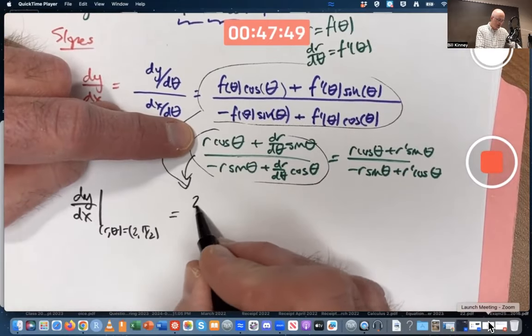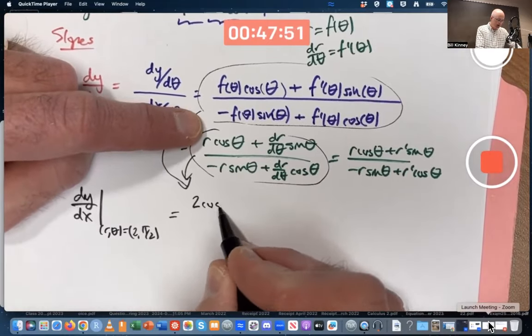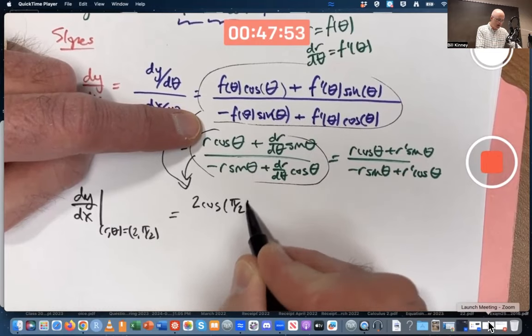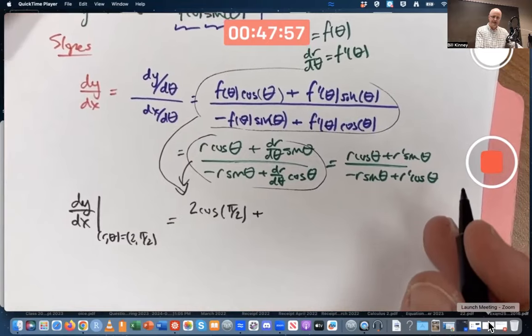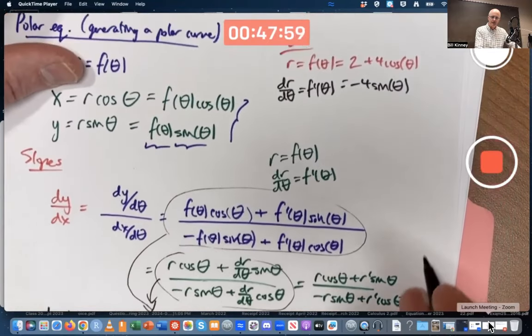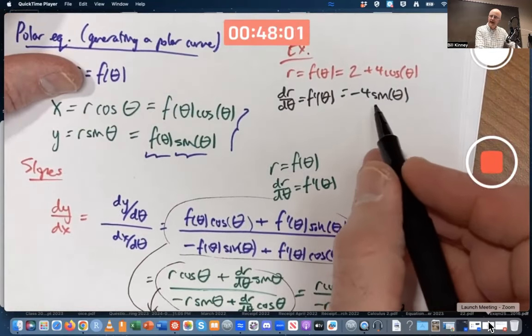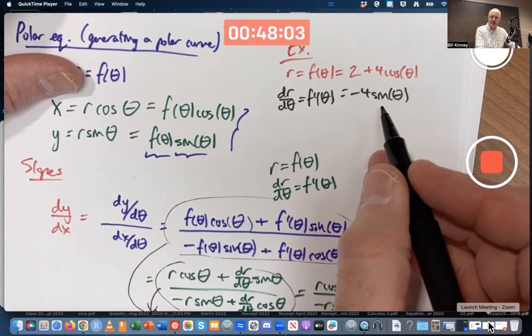R is 2. Theta is pi over 2. Dr d theta is a little trickier though. That's the derivative here, -4 sine theta, evaluated at theta is pi over 2.